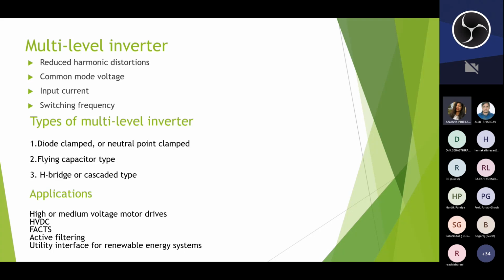And the main use of this nowadays is for renewable energy systems. As the demand for solar and wind increases day by day, this is the main utility interface we can use for our renewable energy systems. I can say it is the most important application of the inverter.